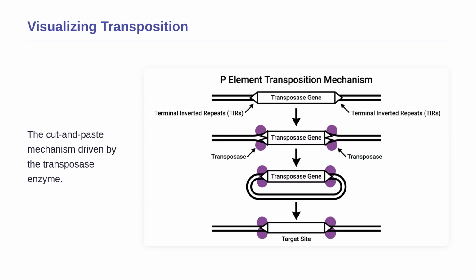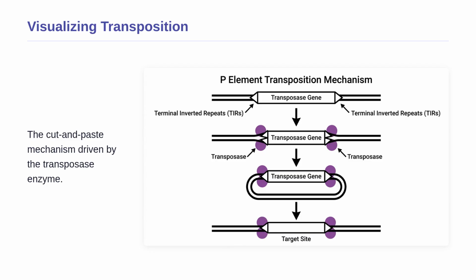Before we move on to the consequences of this movement, let us see this mechanism with a concrete visual diagram. At the top of the image, you can see the linear DNA strand containing the central transposase gene, flanked by the pointed terminal inverted repeats. Notice how the purple transposase enzymes bind directly to these repeats.